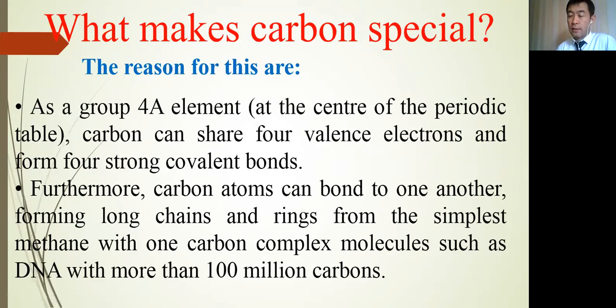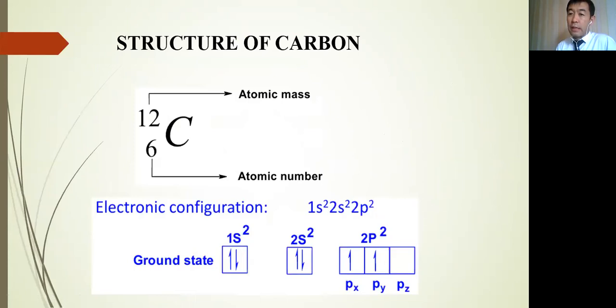Why is carbon so special, making up 99% of all the molecules in the world? Let's answer this question later. Now let's begin with the structure of carbon. As you know, carbon is the sixth element in the periodic table with atomic mass 12.